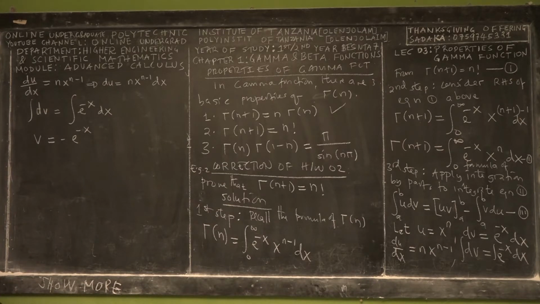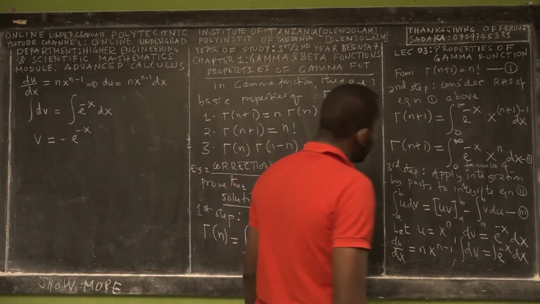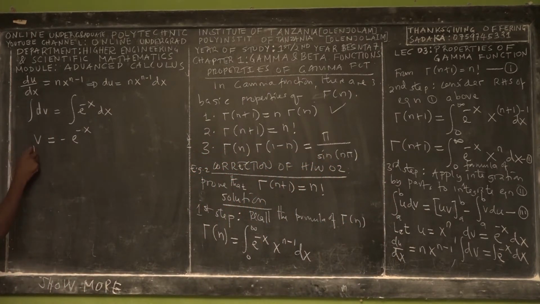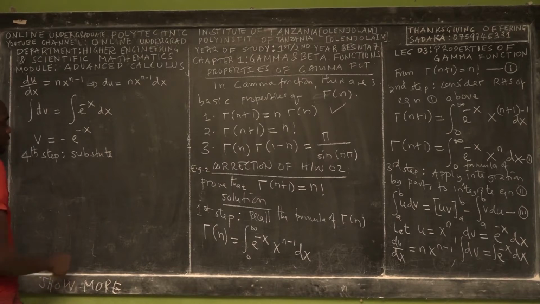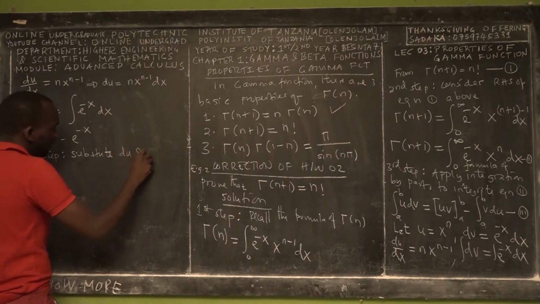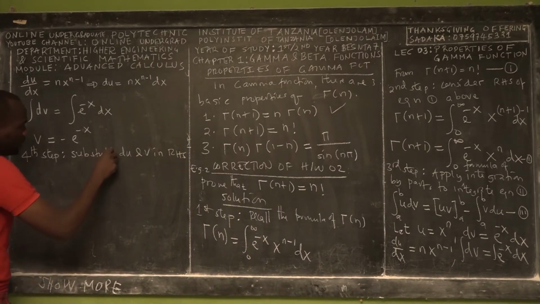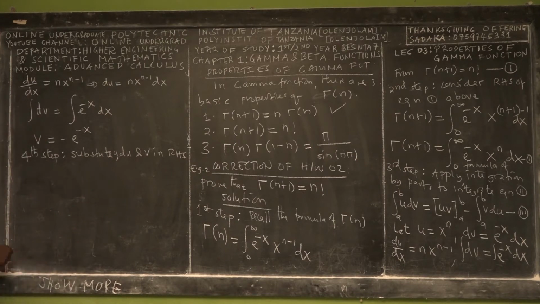We go for the second one. We go for the first step. Let us substitute u, du and v in the right hand side of equation 3.